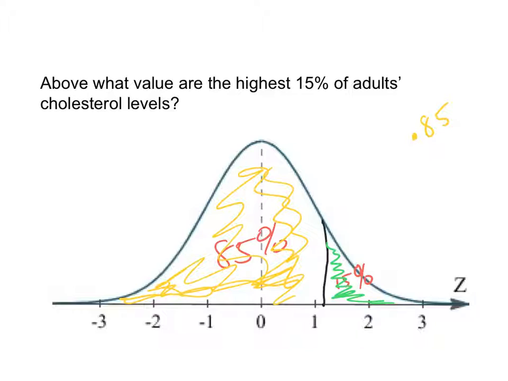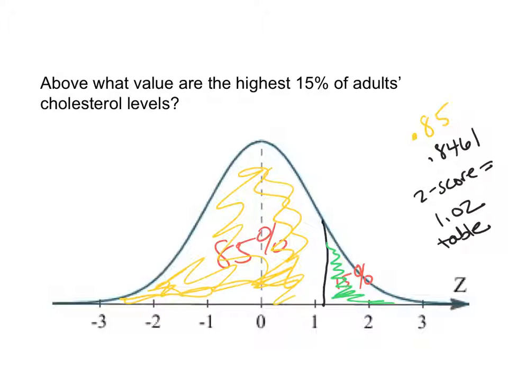So if I look at the body of my table, again, and get as close as I can to 0.85, the closest I can get is 0.8461. That z-score is equivalent to 1.02 on my table. And so what I need to do then is convert that to a data value.